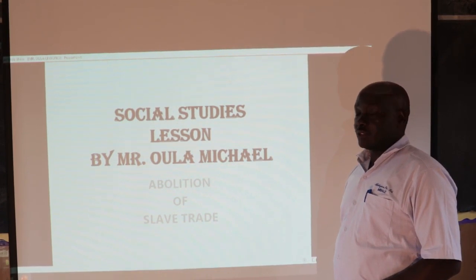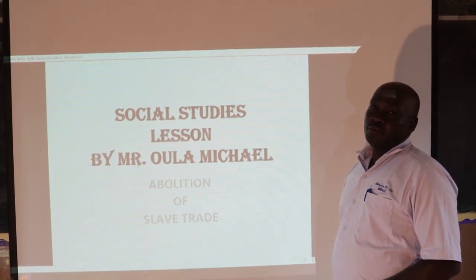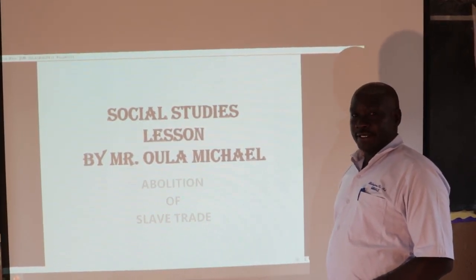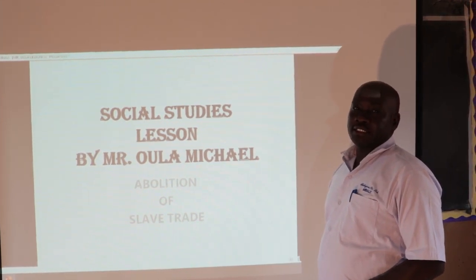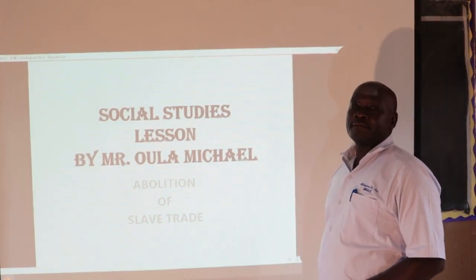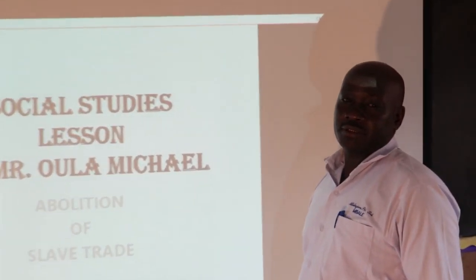This is our next lesson. Before we go to our lesson for today, last time I gave you a number, and that one was talking about reasons. I gave you 3 terms, or the treaties which we used to end slave trade.